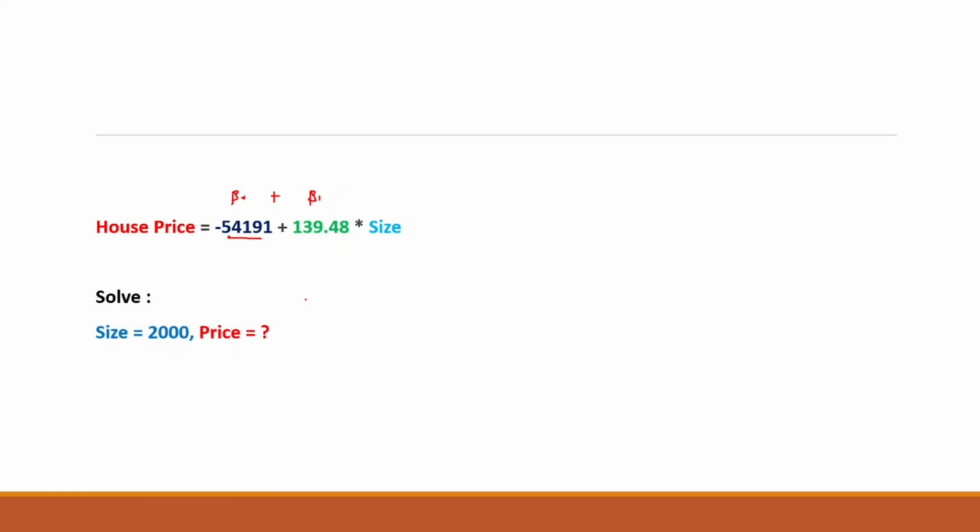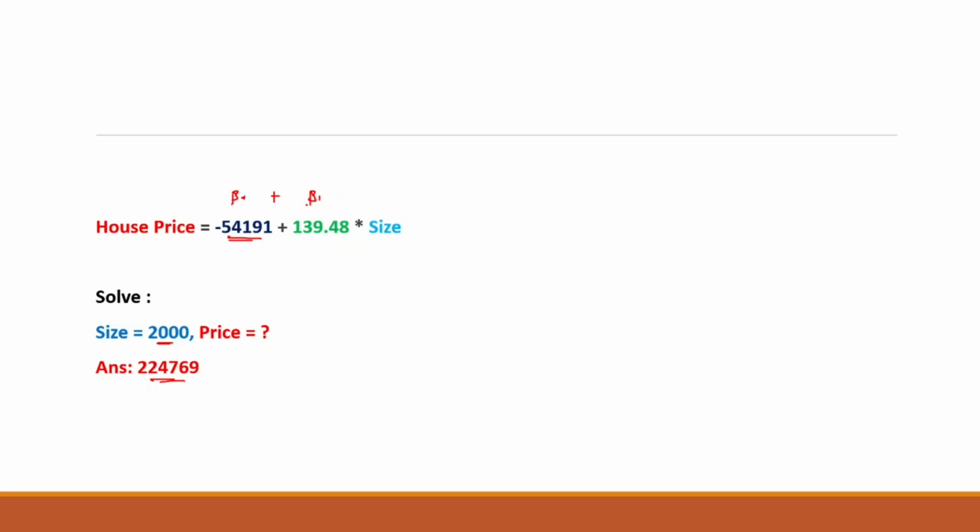So given a question, size is equal to 2000 square feet in terms of area, what is the price? Very simple, I just have to apply it in the formula. So I'll get the answer as 224769. So this is the solution. We just have to apply the formula we got, and the only thing we had to calculate is beta naught and beta 1.